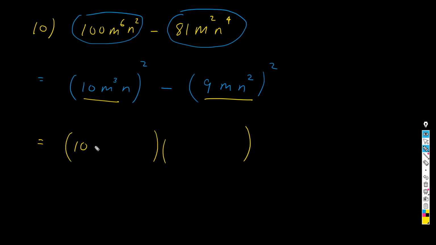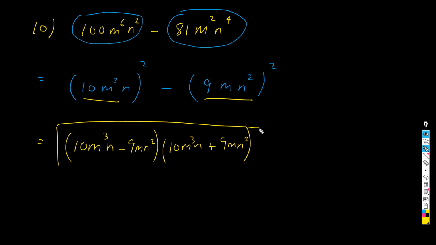So let's write them down. 10m to the cube n minus 9m n to the square. You see? That's my first conjugated binomial. And the other will be 10m to the cube n plus 9m n to the square. And I'm done. This is my final answer.